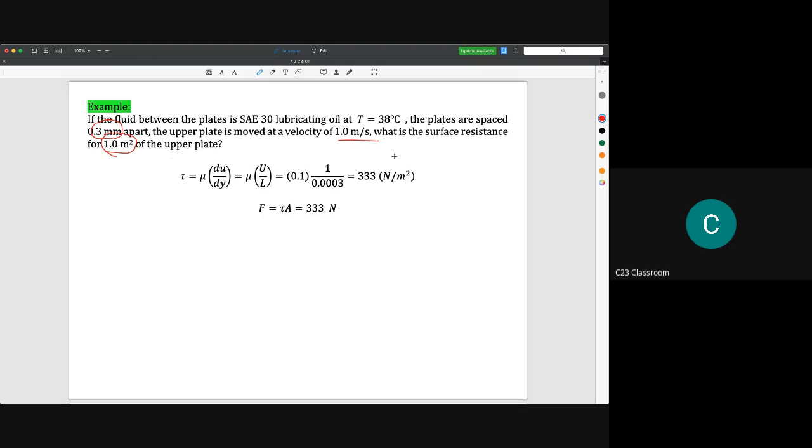The surface resistance here is actually the force that you need to overcome because of the existence of shear stress. We know that tau is equal to mu du dy, and du dy can be calculated by using U over L. So we substitute the values, and we get 333 Newton per meter square. And then to get the force, it is tau times A, and A here is 1 meter square, so the force is 333 Newtons.